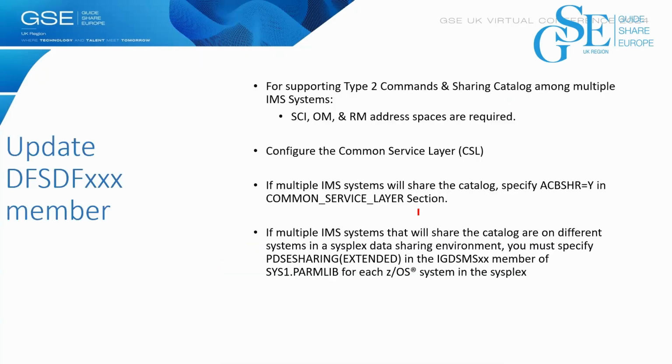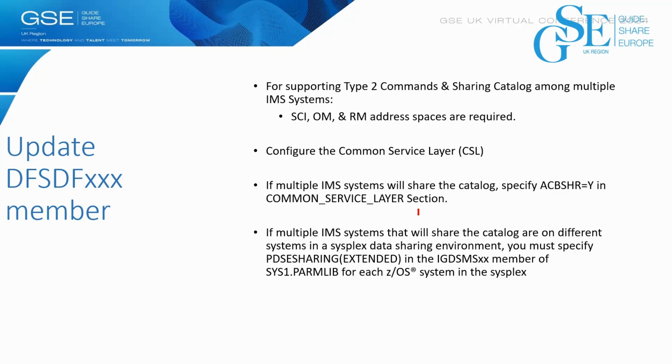There are a few more changes which are basically required to the DFSDF XXX member of a PROCLIB. For managed ACBs, you need the support of the type 2 commands. And for sharing the catalog among multiple IMSs, you need SCI, OM, and RM address spaces.